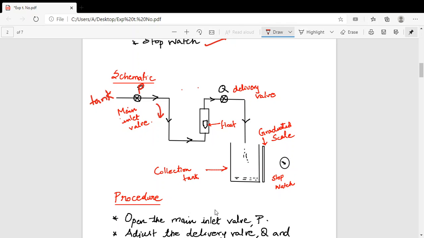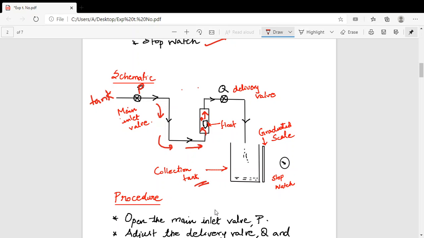Due to the flow of water, this float gets lifted up and the water will be entering from the bottom, and through the space provided it will come out of the rotameter. The water after passing through the rotameter is collected in the collection tank.